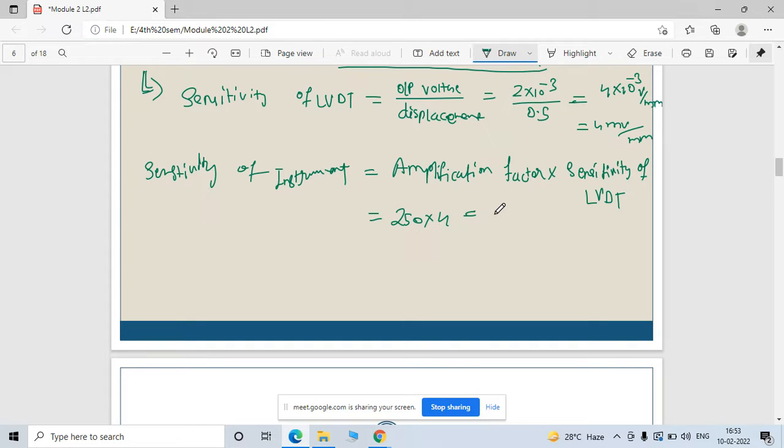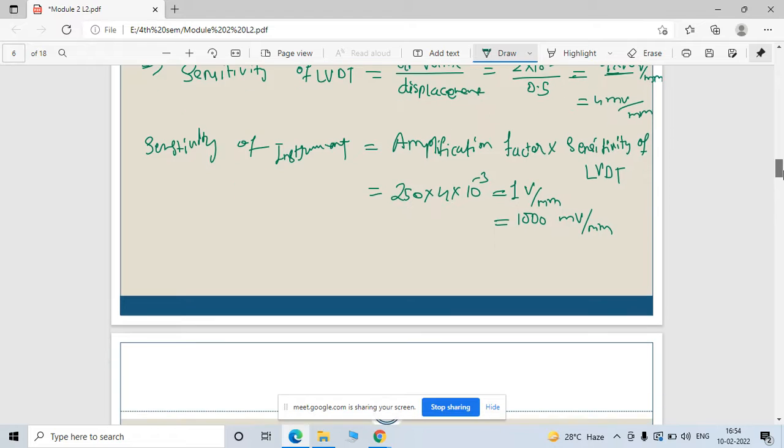When you multiply, this is nothing but your 4, converting this millivolt, use 4 into 10 to the power of minus 3. When you multiply this, you get 1 volt per mm, or you can say 1000 millivolt per mm. Now you have the sensitivity of your whole instrument.